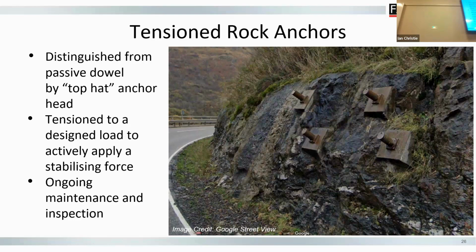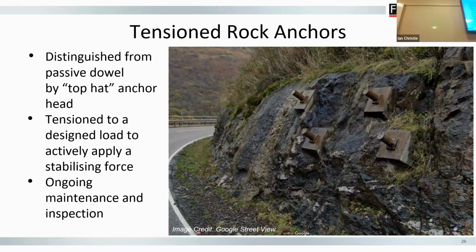These, I guess they look a little bit different on the surface. You tend to have this top hat configuration. I mean, in principle, it's a similar sort of thing. You would still drill your hole through the block that you're trying to stabilize. Once you get into your material behind or below that's stable and isn't going anywhere, that's when you're then going to bond either steel bar or probably steel cables.